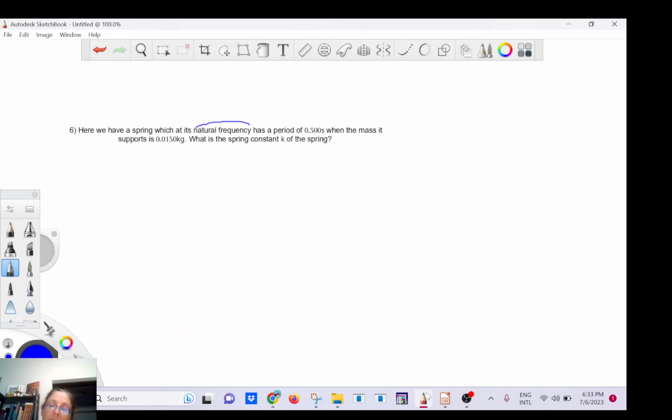Any elastic object that oscillates has its own natural frequency. So the period is given. So that's going to be the period T. And you have the mass here. The mass is 0.015 kilogram. And they're asking you to find the spring constant.